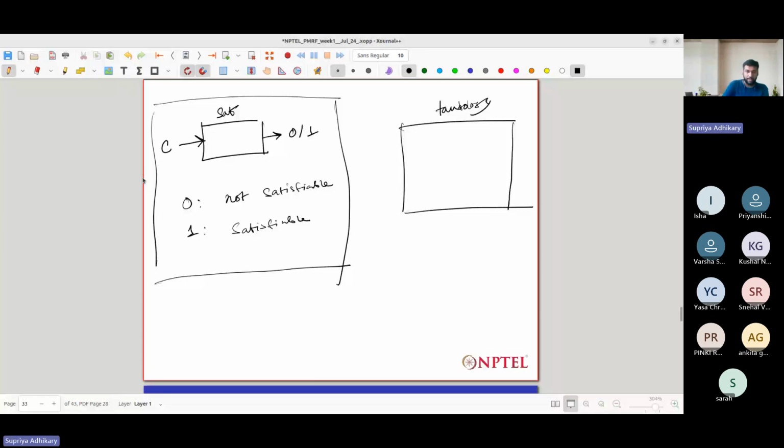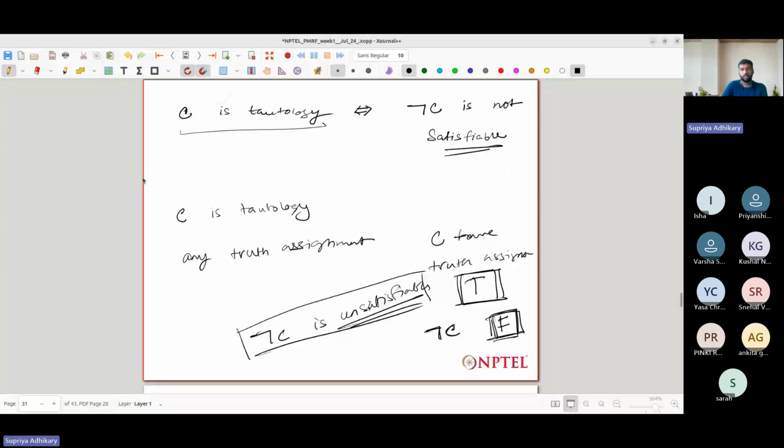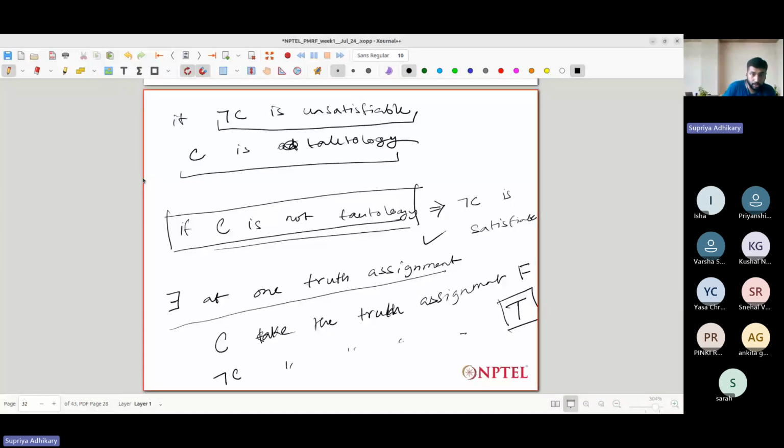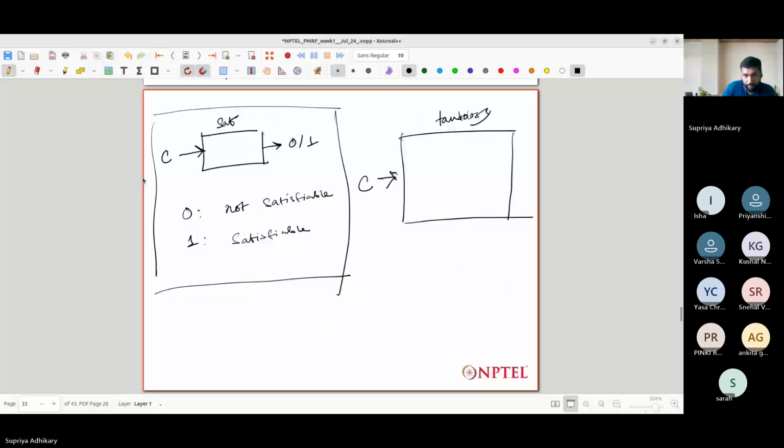As we have seen in this theorem, C is a tautology if and only if not C is not satisfiable. So the only thing that we have to do is use the SAT problem to decide whether not C is satisfiable or not. So we use this SAT algorithm, and given a C, we can compute not C and input this not C to the SAT algorithm.